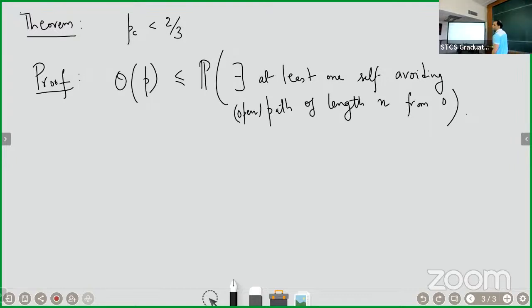So that's why I can draft probabilities around it. So theta(p) is less than or equal to this probability.